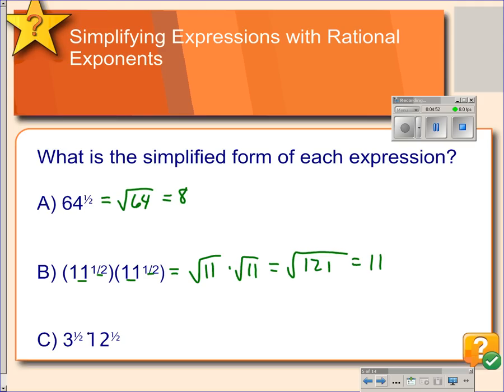Or we could add our exponents because the bases match. 1/2 plus 1/2 is 11 to the 1st power, which is 11. In example C, our exponents are matching, so we have to multiply bases. 3 times 12 is 36 to the 1/2 power. A 1/2 power is the same thing as a square root. The square root of 36 is 6.